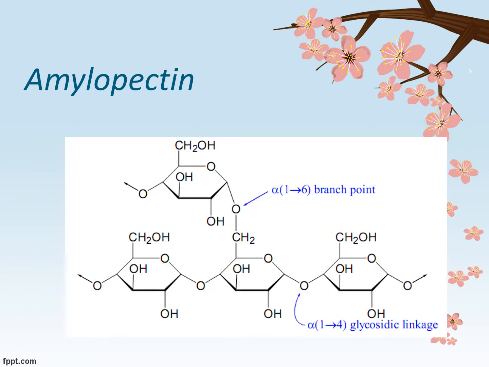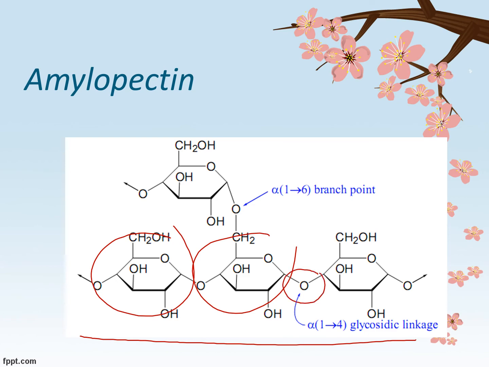This shows the structure of amylopectin, where you have the straight chain of glucose units joined by the alpha 1 to 4 glycosidic link, and every 24 to 30 monomers of glucose, it branches up from the alpha 1 to 6 branching point.